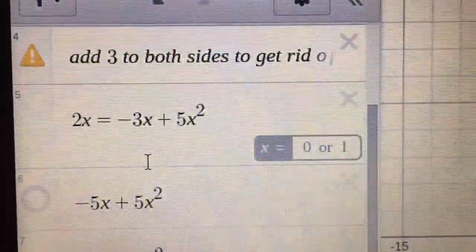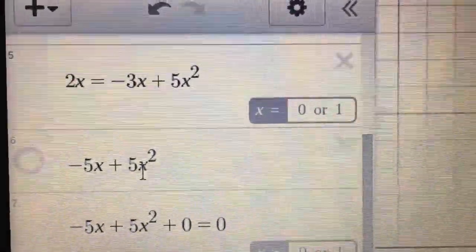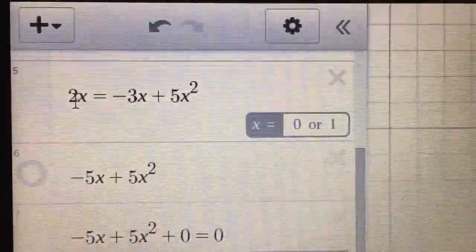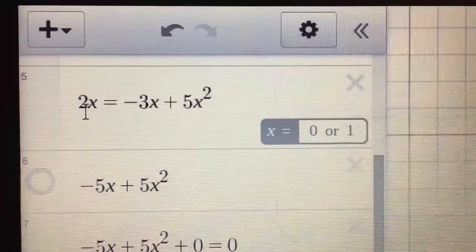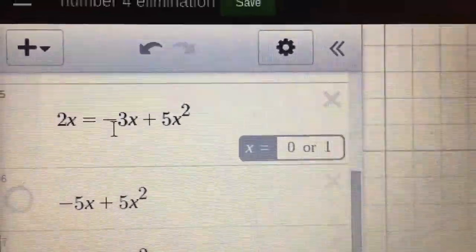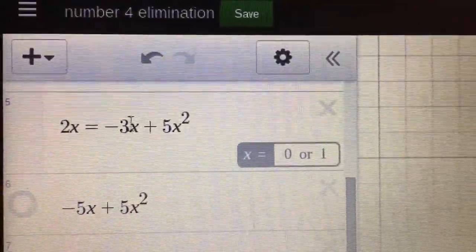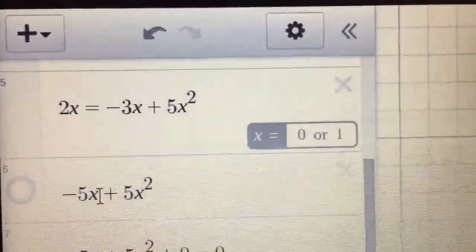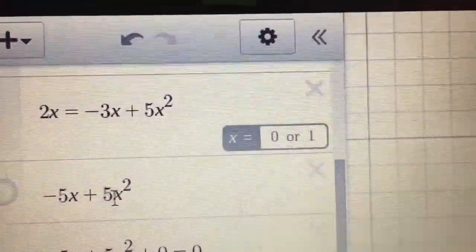Now, what we're going to do is subtract 2x right here, and then we're going to subtract 2x right here as well. And we end up with -5x plus 5x squared, okay?